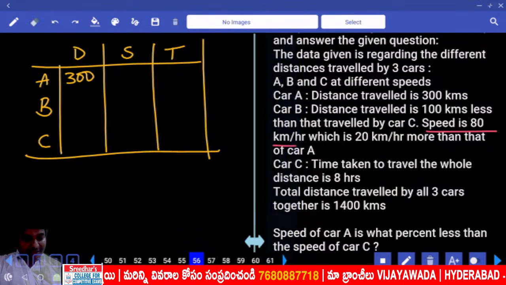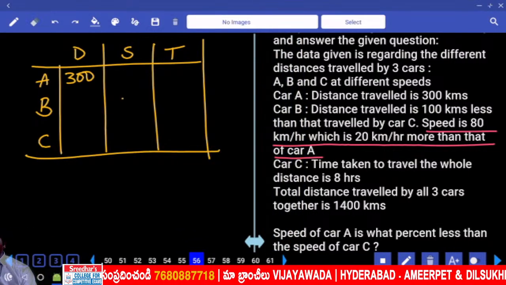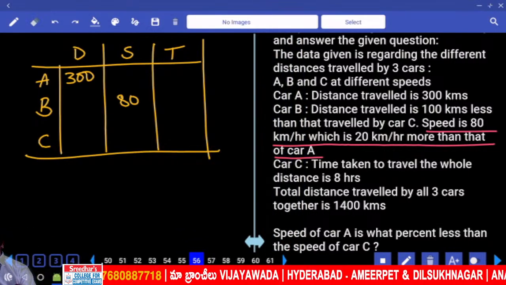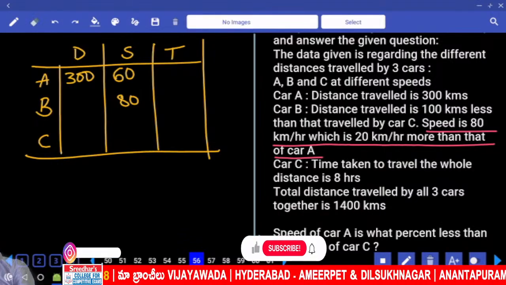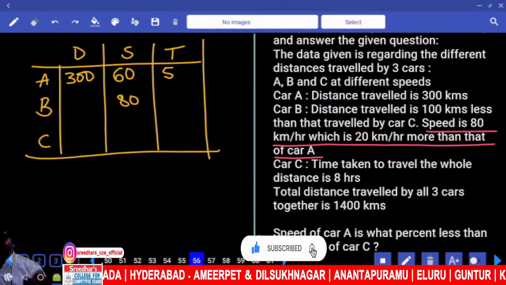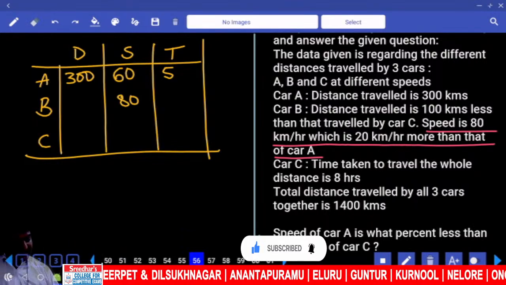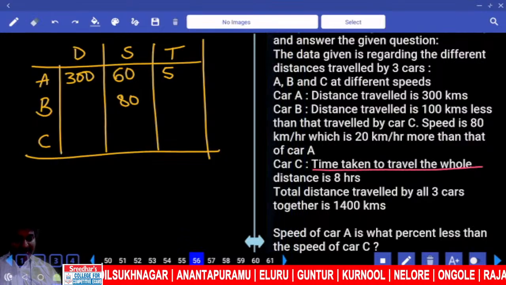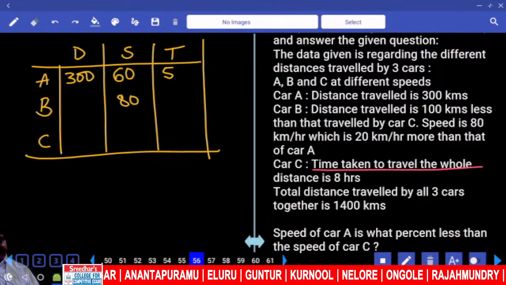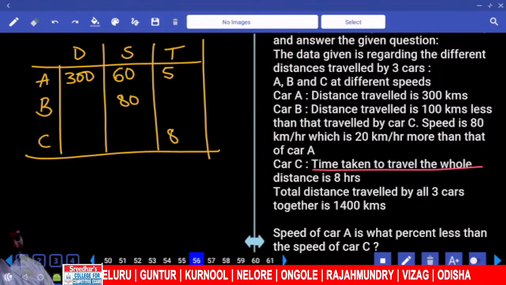B speed is 80 km per hour, which is 20 km per hour more than A. A speed is 60. Then the time taken by A will be equal to 5 hours, 300 by 60. Time taken by car C to travel the whole distance is 8 hours.